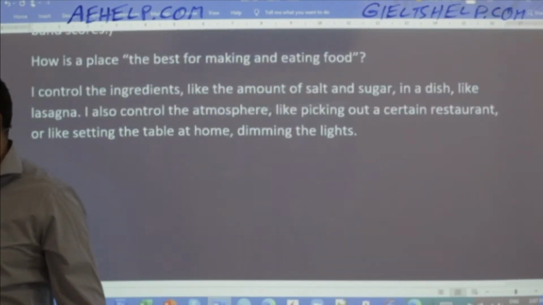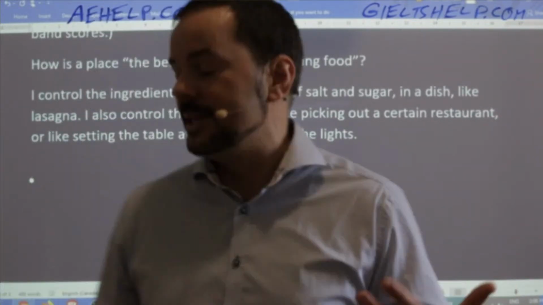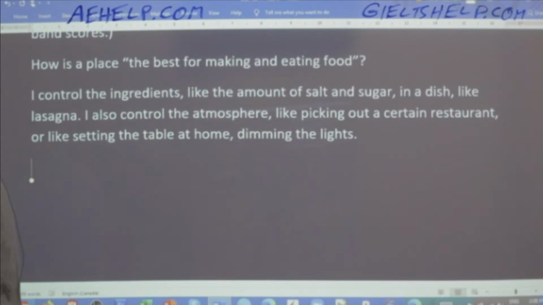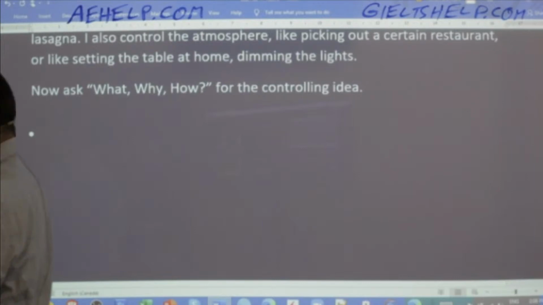Okay, now we can ask what, why, how for the eating at home and at a restaurant, okay? So we're going to speed up this process a little bit today so we can get to some writing of the introductory paragraph. So now, ask what, why, how, and you want to go through these step by step at home for the controlling idea. But for the sake of completion, because that also has its value, I'm going to speed this up a little bit. You can do this at home, of course, go through step by step.